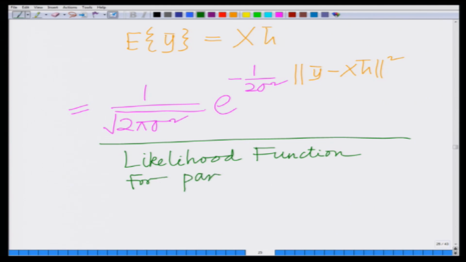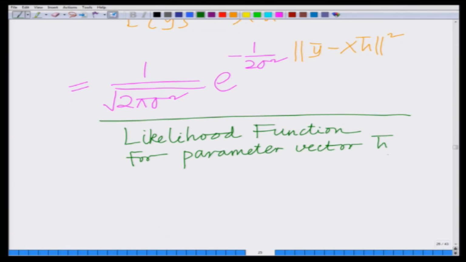I can denote this, similar to what we have been doing before, as P of Y bar, which is your observation vector, parameterized by h bar. This is the likelihood function of the observations Y bar parameterized by h bar, which is the parameter vector.